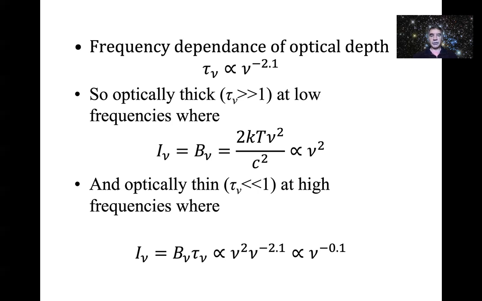So if we look at the frequency dependence of that, we've still got the nu squared dependence coming from the Planck function, B nu, but we've got a nu to the minus 2.1 coming in from the optical depth. So if you multiply those two things together, you just add up the exponents, and that's going to give us a nu to the minus 0.1 dependence for the intensity. So almost independent of frequency at nu to the minus 0.1.